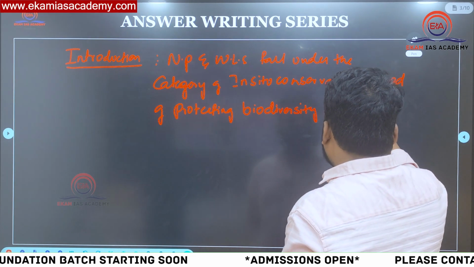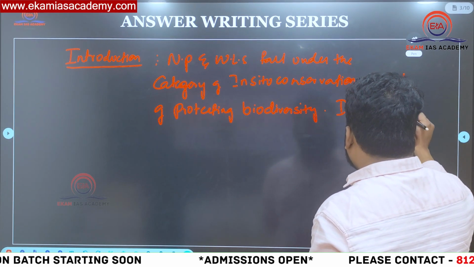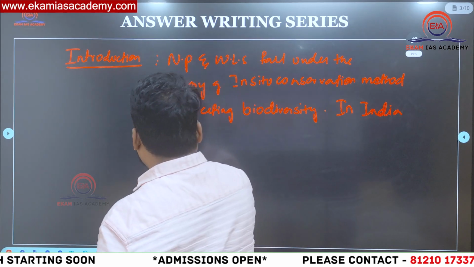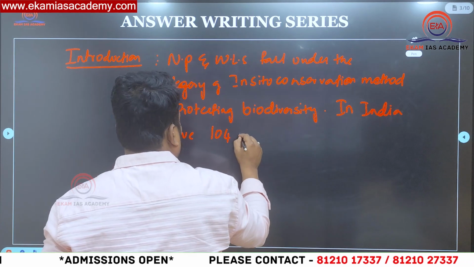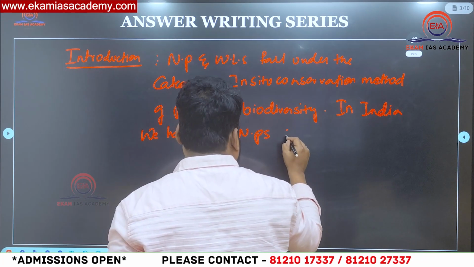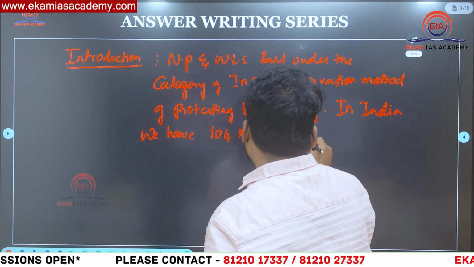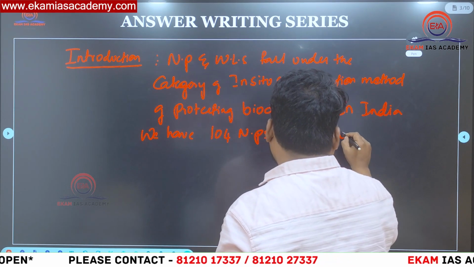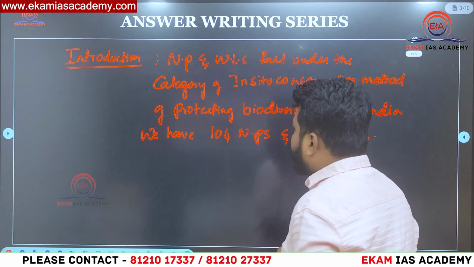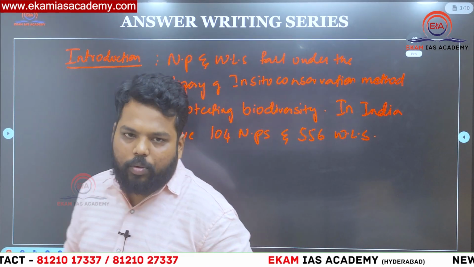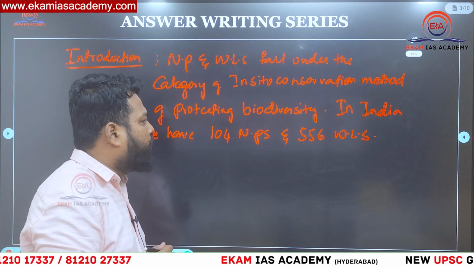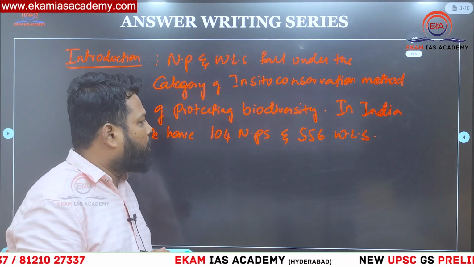And in continuation, in India we have 104 national parks and 556 wildlife sanctuaries. Clear? If you want to extend the introduction, you can extend it as such. Are you getting this point?